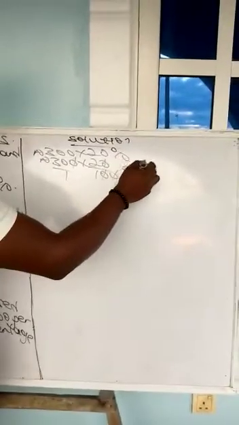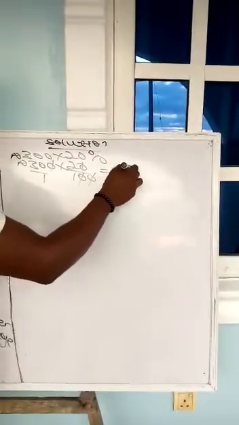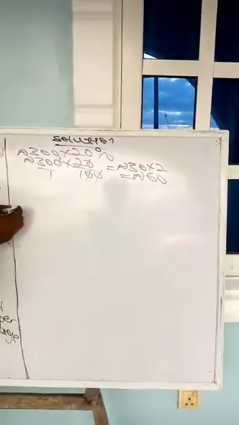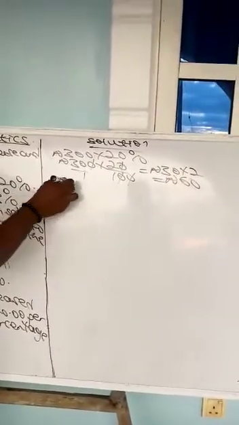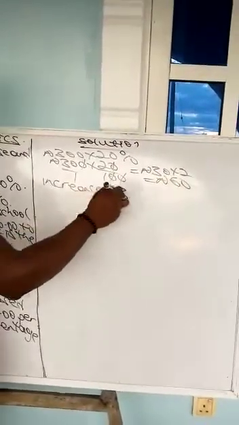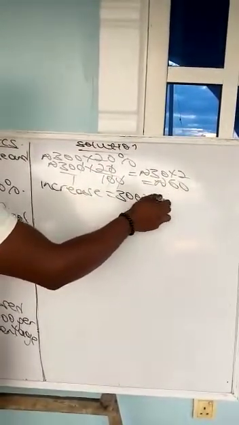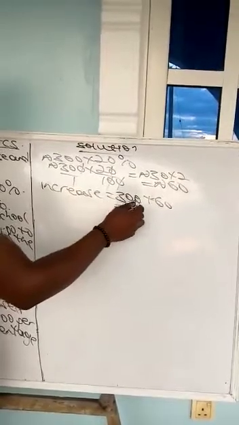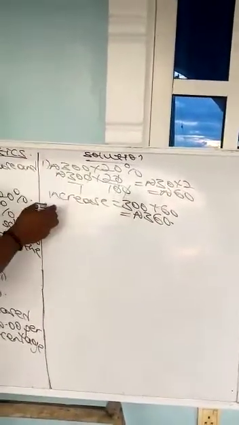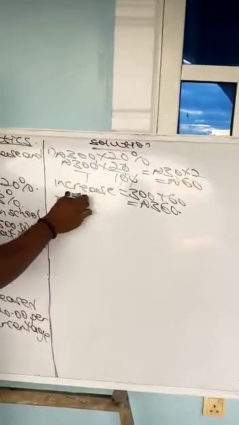We're now going to have 30 times 2, which gives us 60. So the increase is going to be the original number, which is 300, plus 60, and that is going to give us 360. We can use another method to solve it.